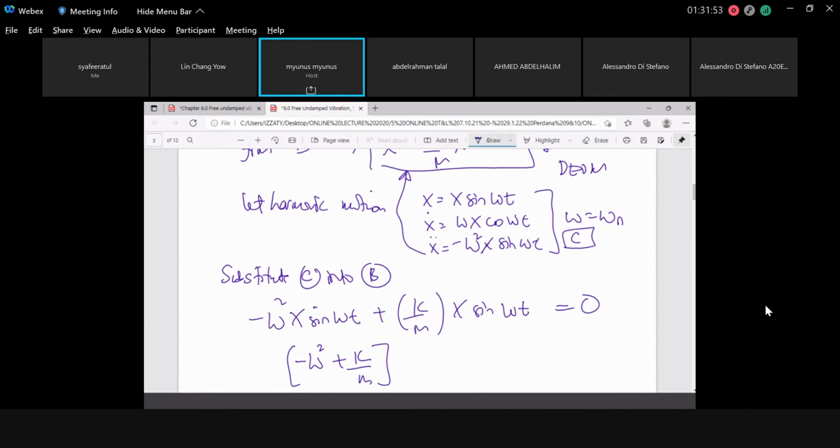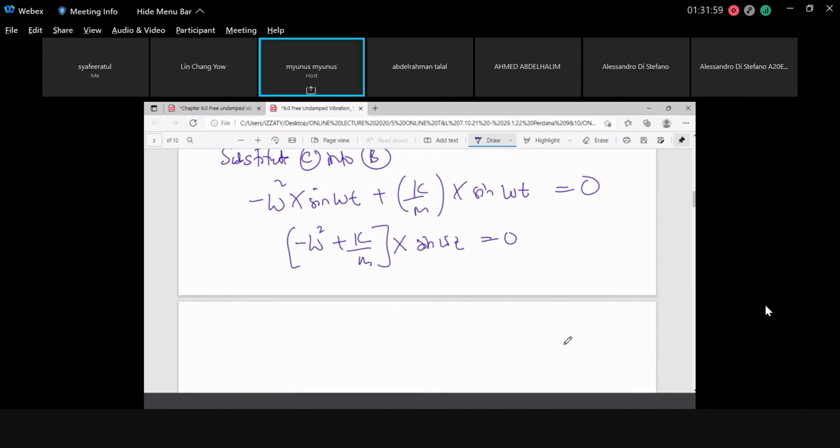X sine omega t equal to 0. So the solution I leave to you. There are two solutions. Solution S1 will give you x sine omega t not equal to 0.